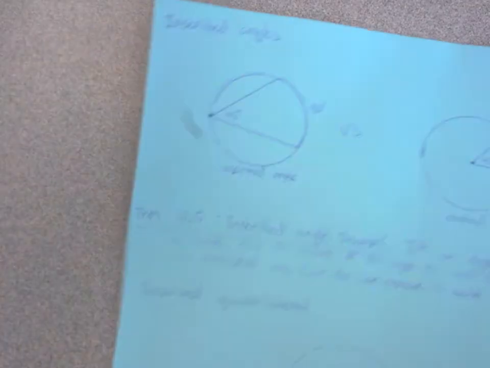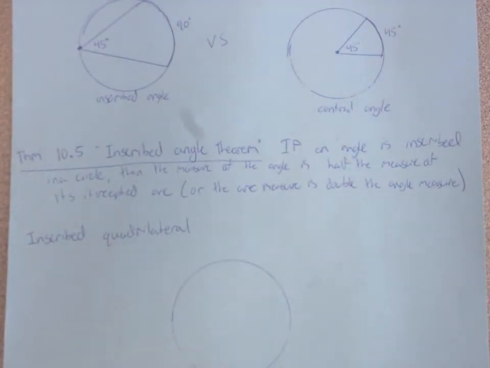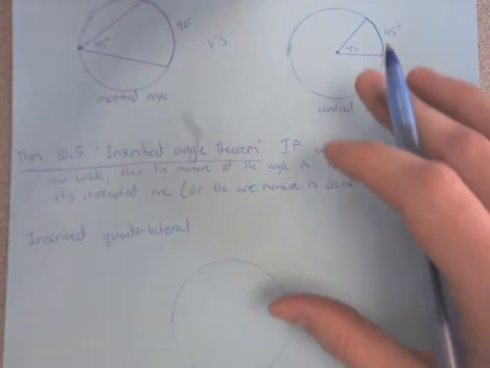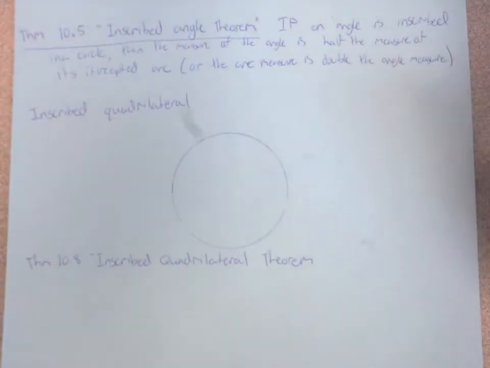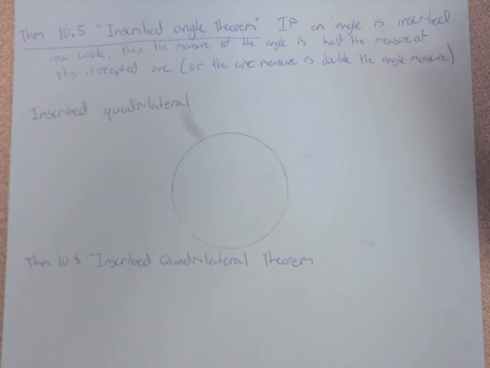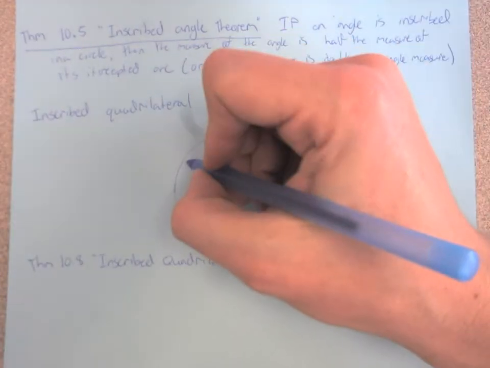Before we get too much farther, let's talk about some more ideas about inscribed angles. Another thing that is talked about in chapter 10 is what's called inscribed polygons. Remember, inscribed means written inside. So we're going to draw an inscribed quadrilateral. A quadrilateral is a polygon with 4 sides.